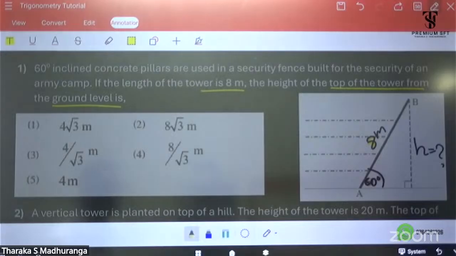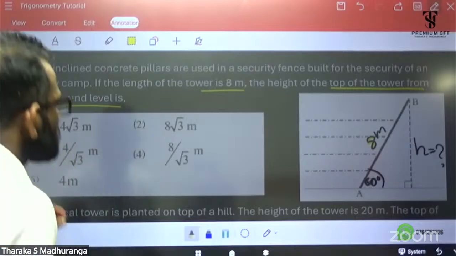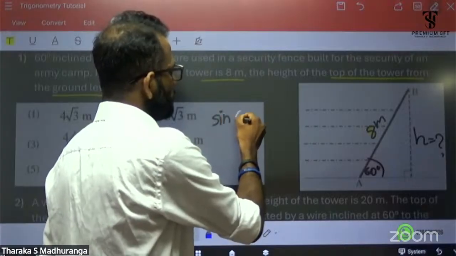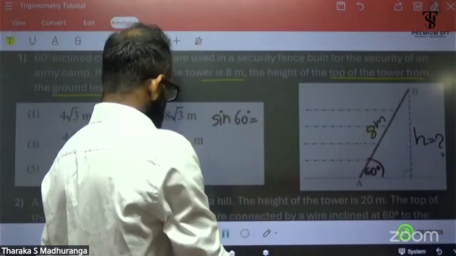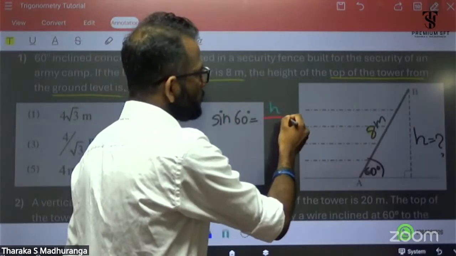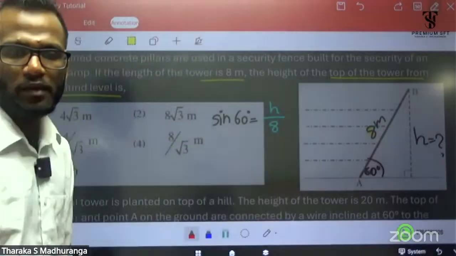Okay, what's the trigonometric ratio you want to use? Yes, sine. Good. Sine 60 equals h over 8.